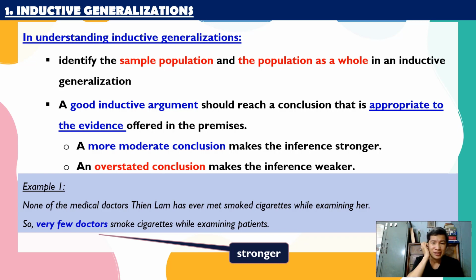When we say 50, it means she gets sick so often. And you can see, let's say, maybe 20, and none of them smoked while examining her.